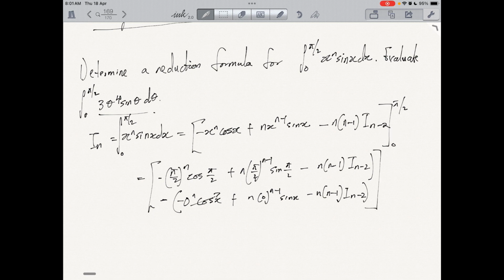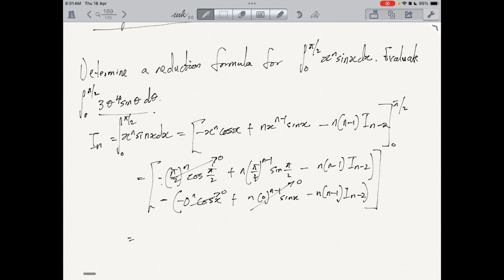Now this nullifies to give 0, likewise this. Cos pi over 2 is 0, so the term here nullifies to give 0. And now these two terms have no respect to x, so they are constant.